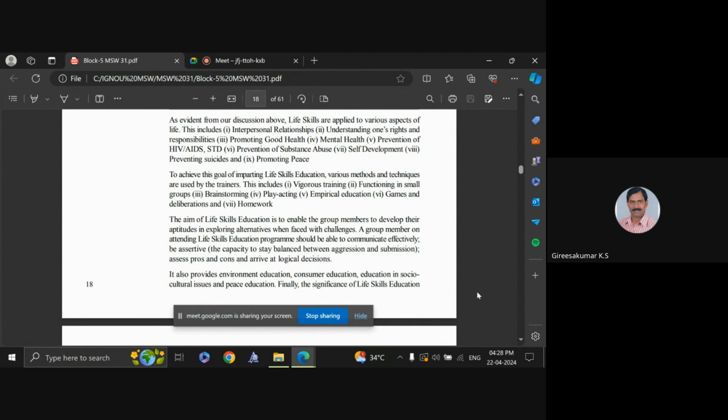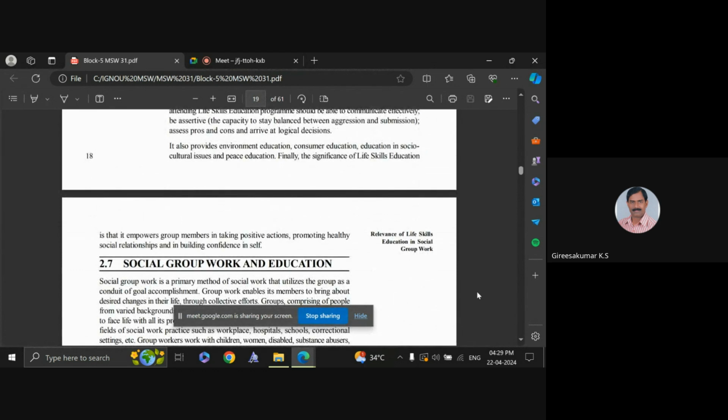The ultimate aim of life skills is that the members must develop their aptitude in exploring alternatives and face the challenges. So whenever they have to face challenges, issues, problems, these life skills must help them. It also provides environmental education, consumer education, social cultural issues, and so on.